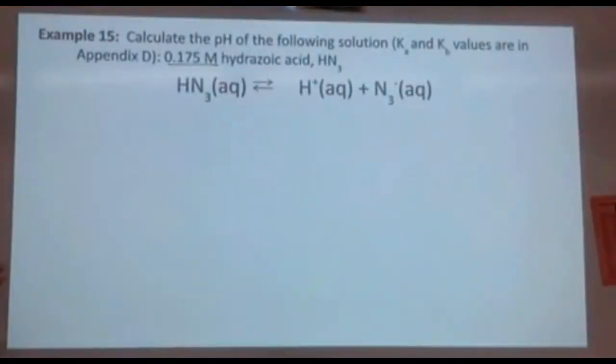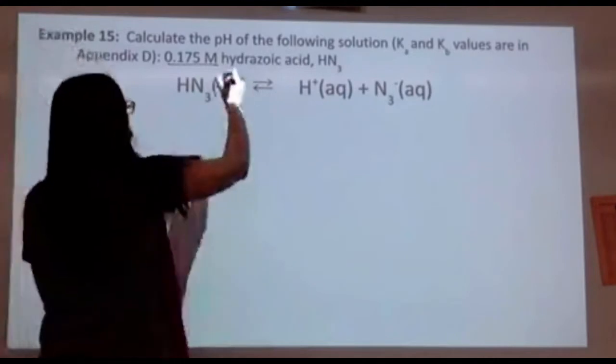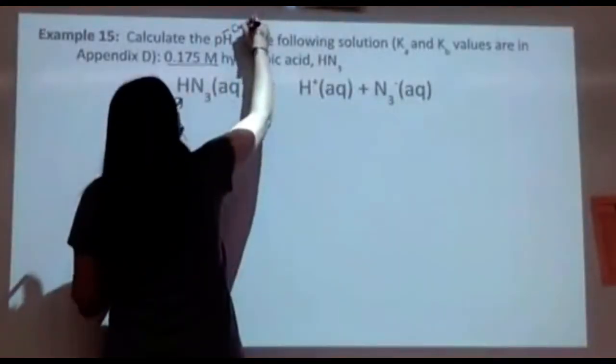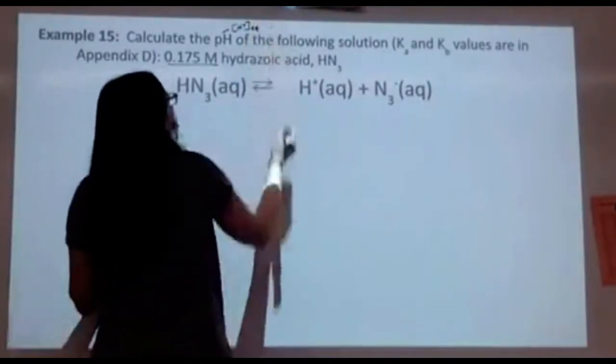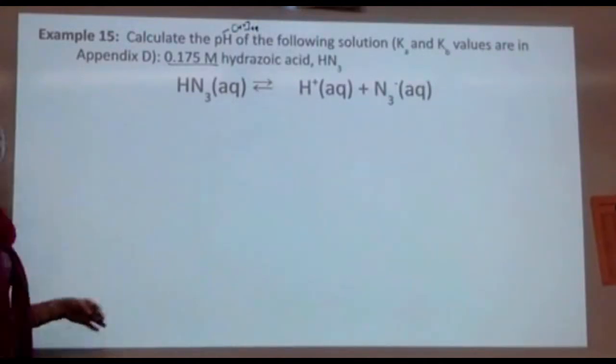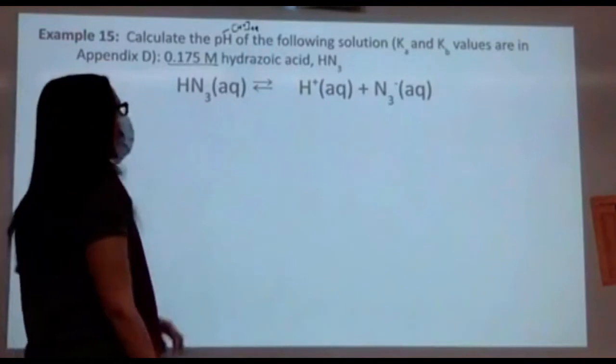So if I want to calculate the pH, that means I'm going to need to solve for H plus concentration. And even more, I need to solve for the H plus concentration at equilibrium. Because if we want to calculate the pH, that's negative log of H plus, but it's negative log of H plus at equilibrium.